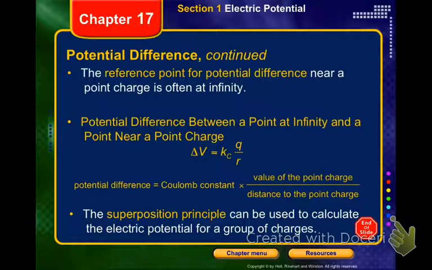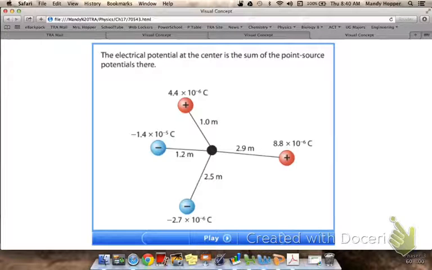So again, this is talking about a reference point. We're no longer comparing two different charges or charges within an electric field. It's talking about a reference point for potential difference. According to the superposition principle, the electric potential at a point is the algebraic sum of all the individual potentials existing at that point.